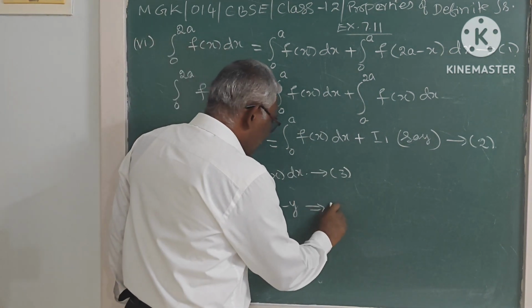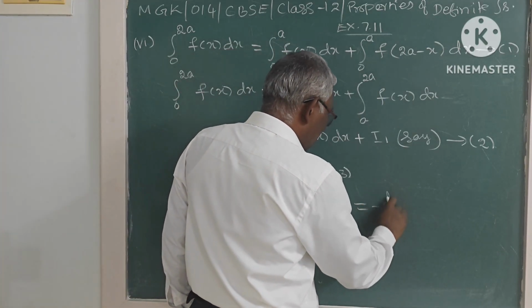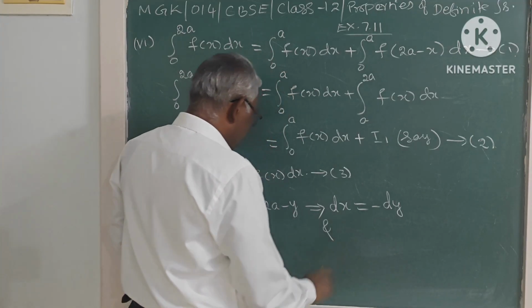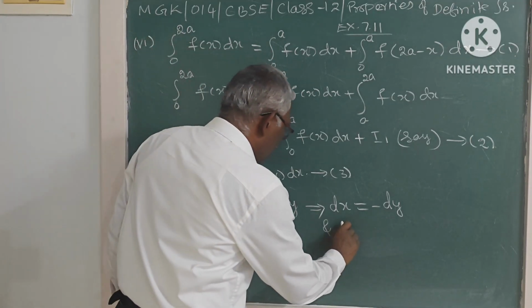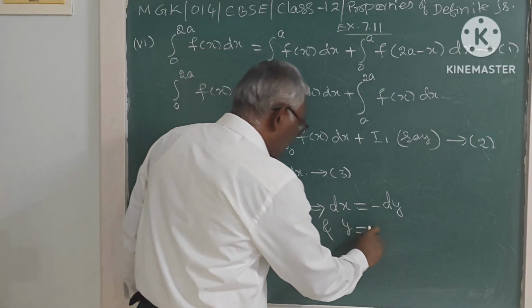This dx is equal to minus dy and y is equal to 2a minus x.